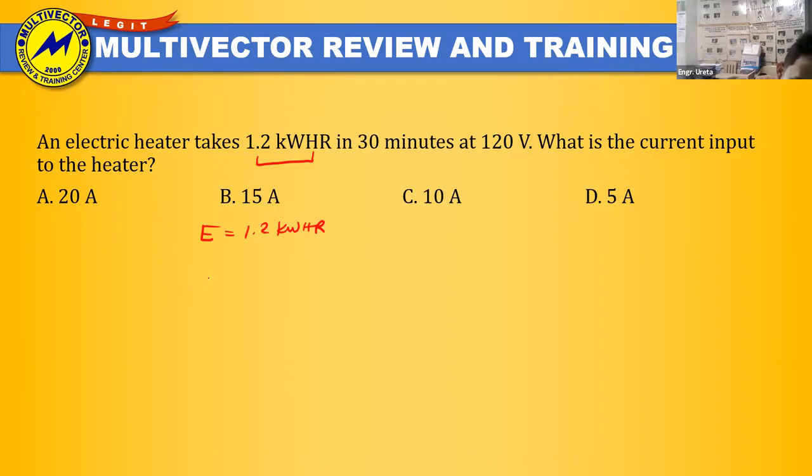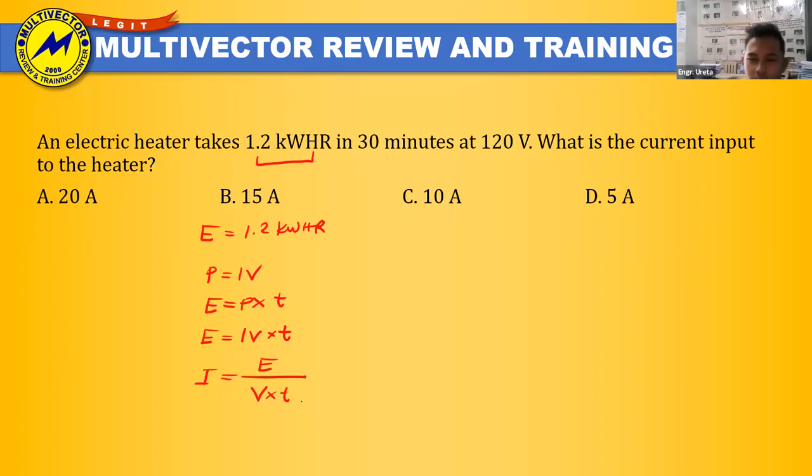Power is equal to current multiplied by the voltage, and electrical energy is power multiplied by time. Therefore, energy equals current times voltage times time. Kaya our current is just equals to the electrical energy all over voltage times time.